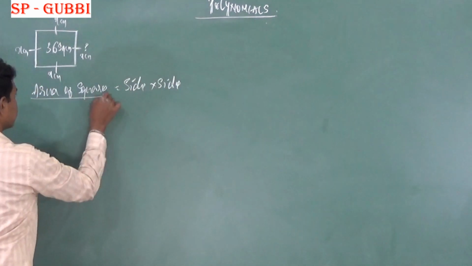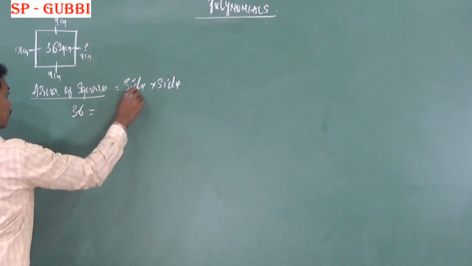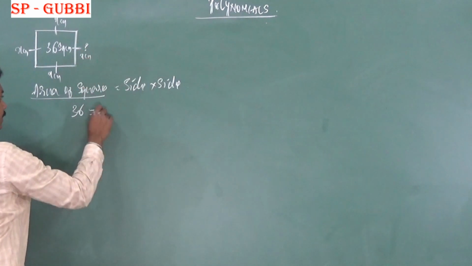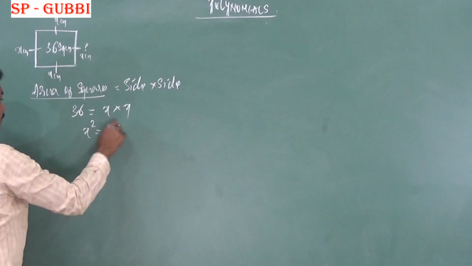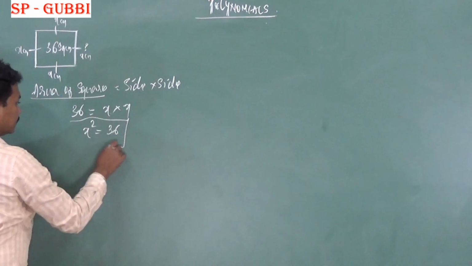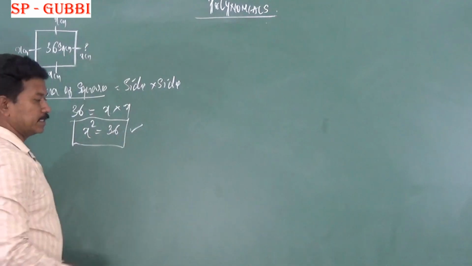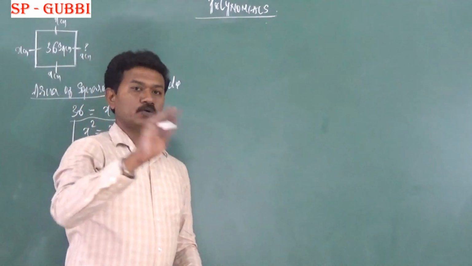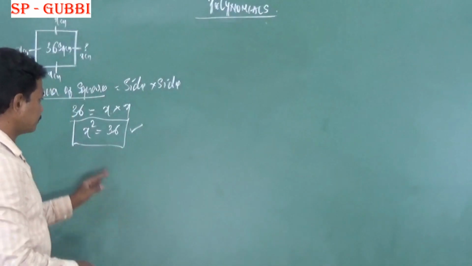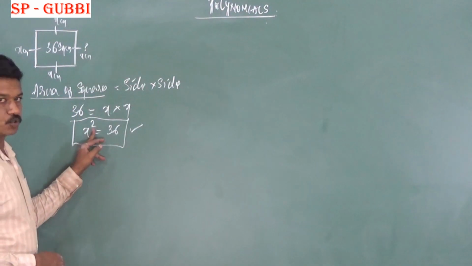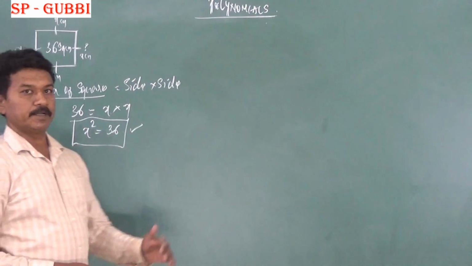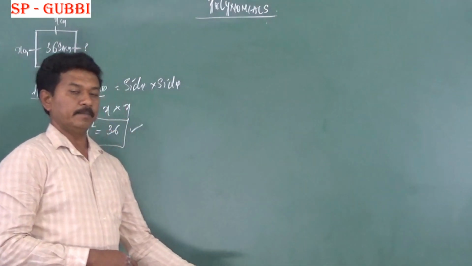That is, the area of the square is 36, equal to, let one side be x centimeters, so x into x is x square equal to 36. If you look at this algebraic expression, it is also a polynomial, because x is the variable and the power of that variable is plus 2, therefore this is an algebraic expression as well as a polynomial.